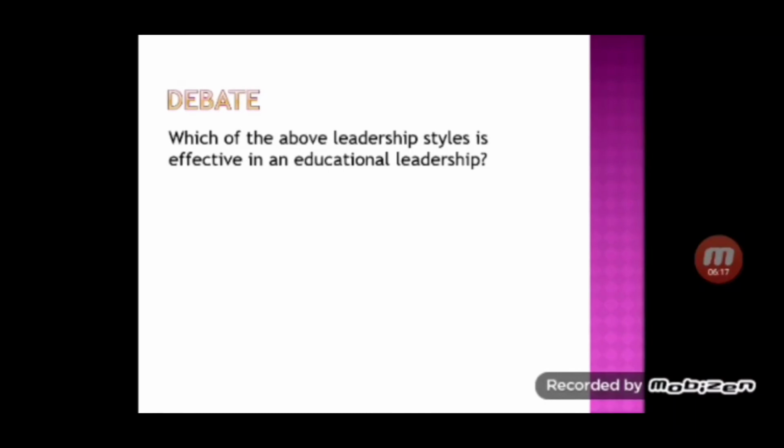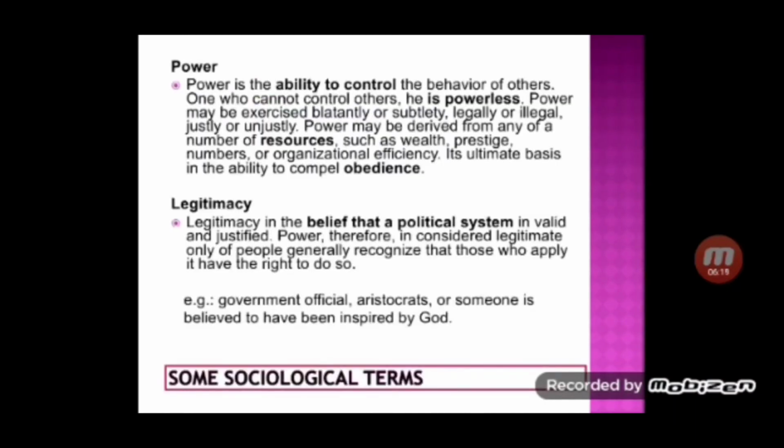All right, moving on, the next one would be power. Power is the ability to control the behavior of others. One who cannot control others is powerless. Power may be exercised blatantly or subtly, legally or illegally, justly or unjustly.